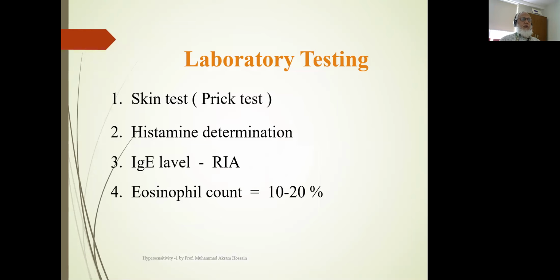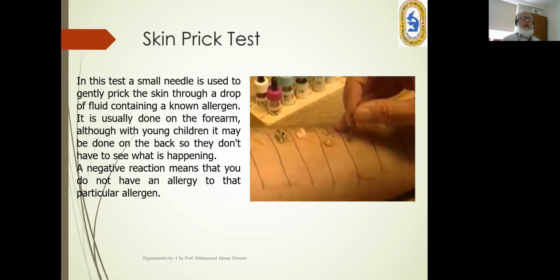Let us discuss the laboratory testing. There are many types of tests, specific, non-specific, of which important tests are skin test, IgE level, eosinophil count. For the skin test, there is a panel of allergens, and you take a very small amount of the allergen and give it on the forearm skin, and you look for the edema.